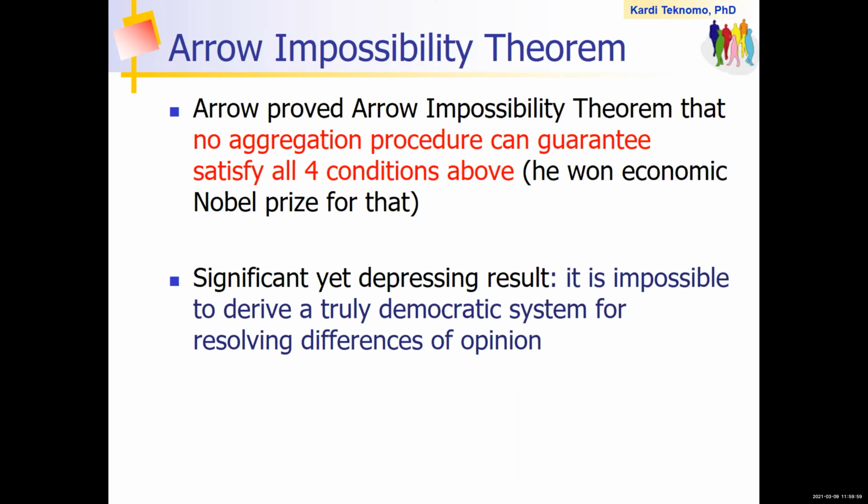It is impossible to derive a truly democratic system to resolve differences of opinion. Yes, democracy can work, but resolving differences of opinion is not always possible. In fact, he proved it impossible.